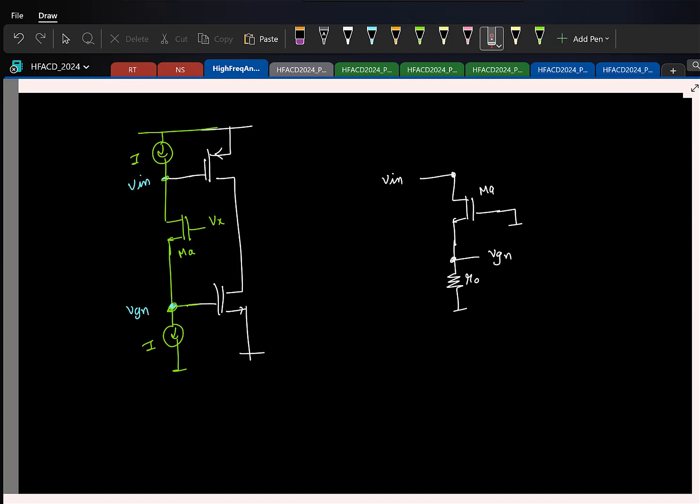Does it resemble something that you have already seen? Huh? It's a cascode. So what is this voltage here with respect to this? Or how will you find? So what is he looking in resistance? Huh? It's gm R0 times this. So the small signal current is what?